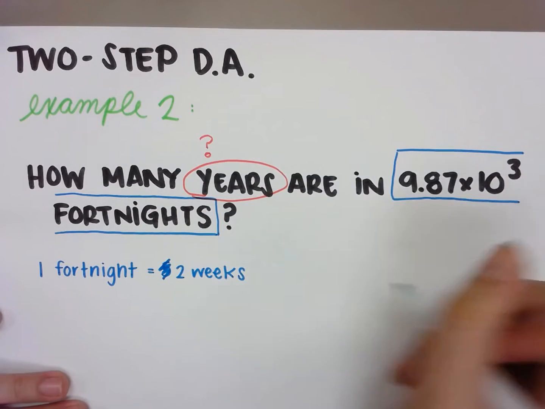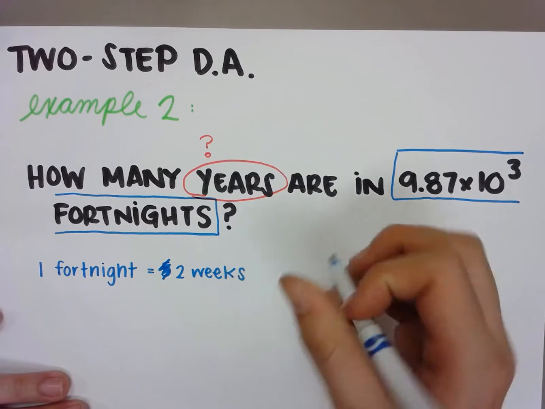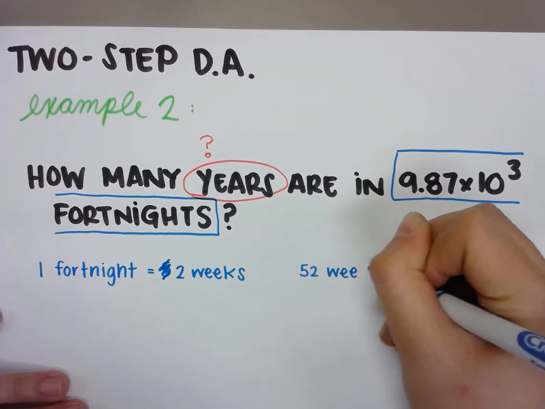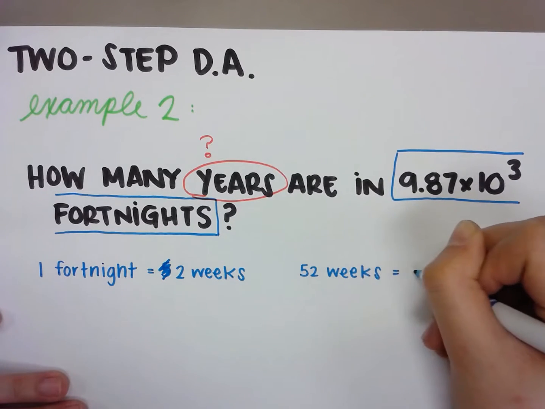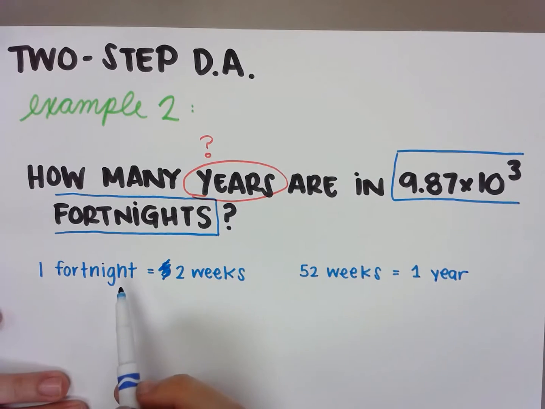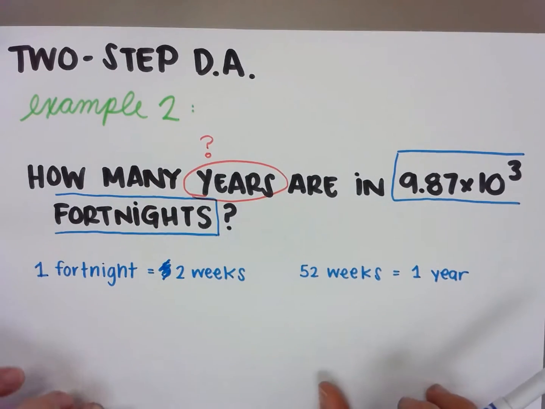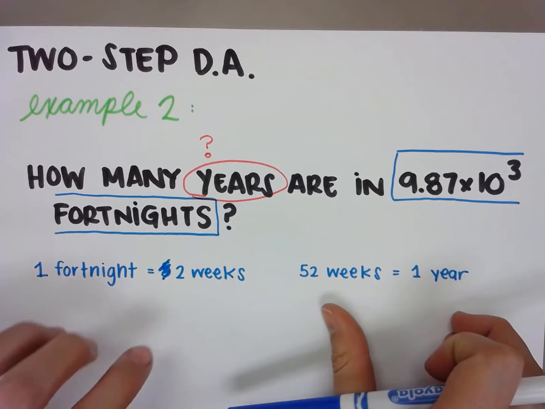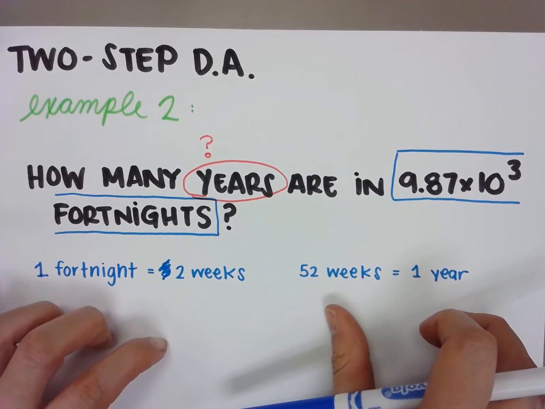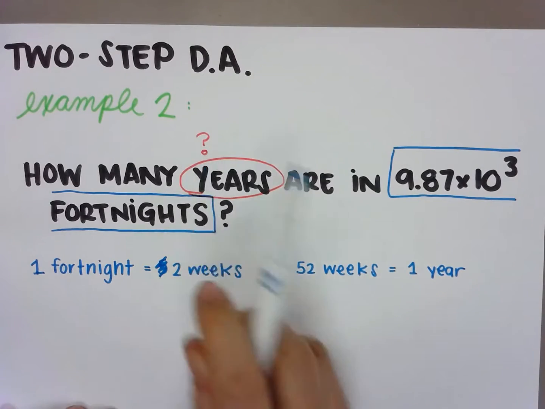But we also know a relationship between weeks and years. We know that there are 52 weeks in 1 year. So here we're going to do what we call a two-step dimensional analysis problem by using both of these equivalent relationships. We're going to turn them both into conversion factors and plug them in to solve for my unit of years.